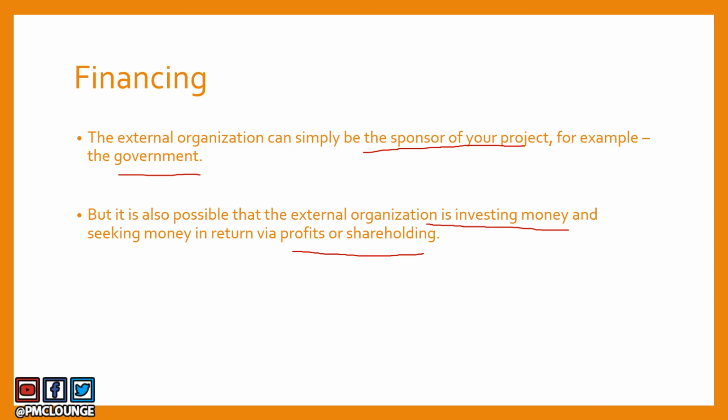If the external organization agrees, they may have certain clauses. They might give you $1 million, but they want 50% of the revenues that you are going to generate from this website, right? So that could be a relationship that the external organization has with your project.